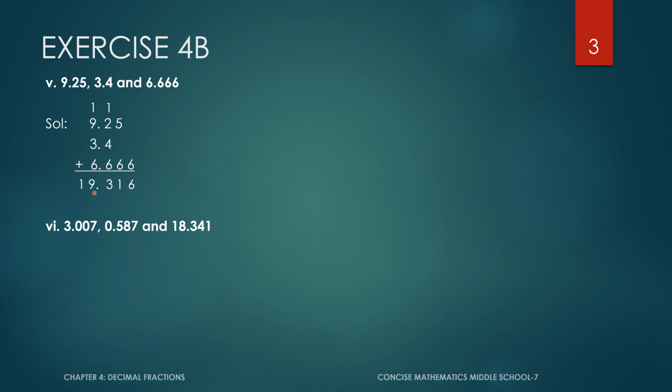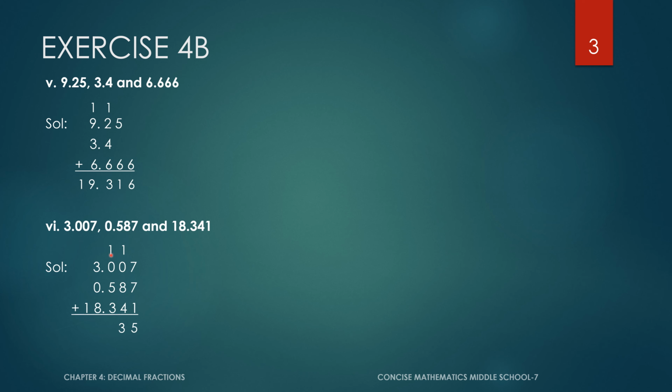Now again add the three decimal fractions which they have given. Start adding from the ones place. 7 plus 7 plus 1, that is 15. So 1 you can write it down on the top on the tens place, and 5 you can write it down in the ones place. Similarly, now add 4 plus 8 plus 1, that is 13.